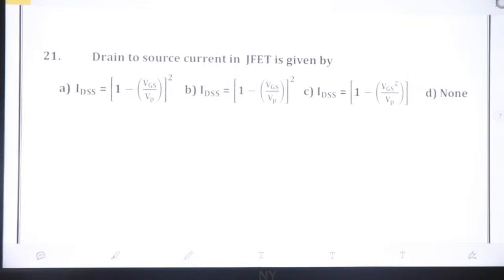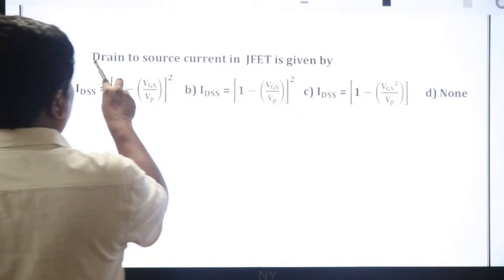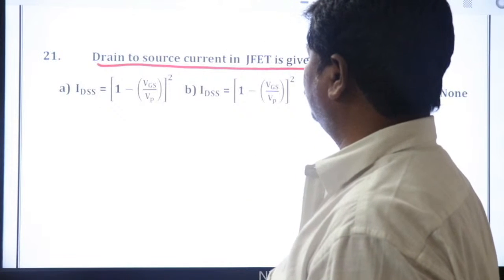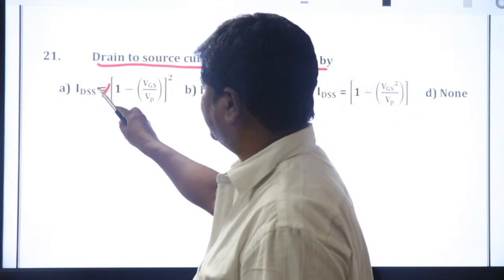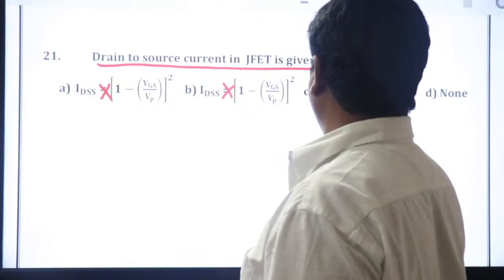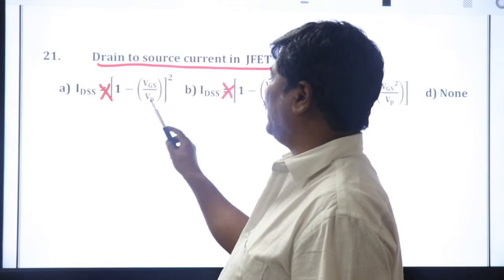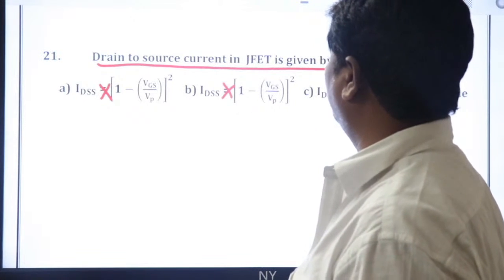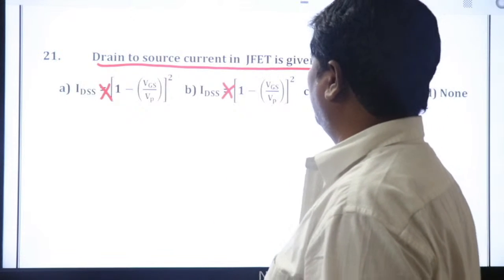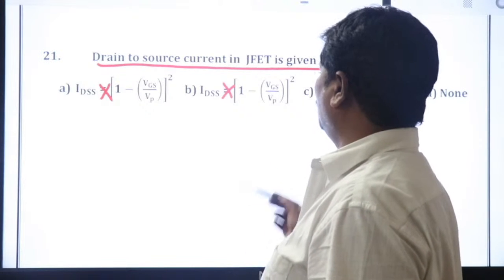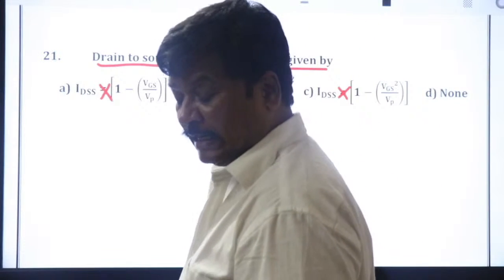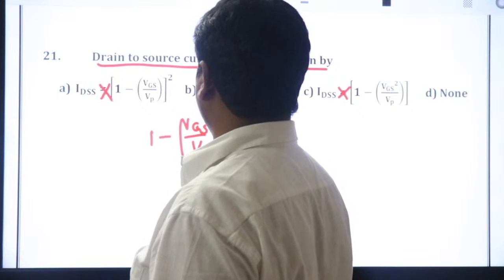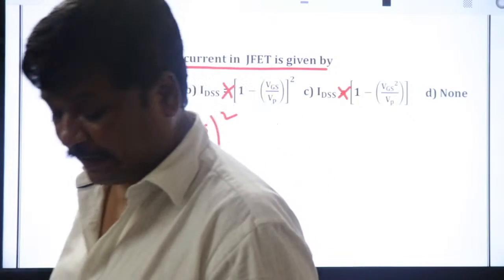Next, see here. The drain to source current in JFET is given by, actually these are all multiplications, not into.